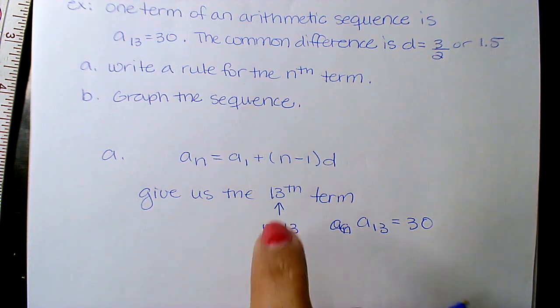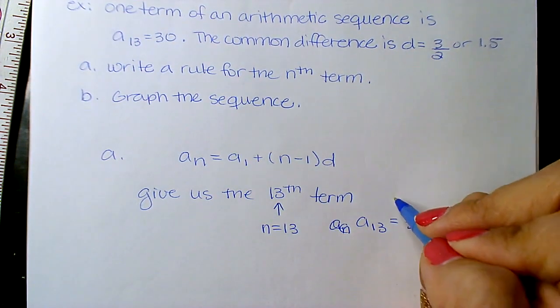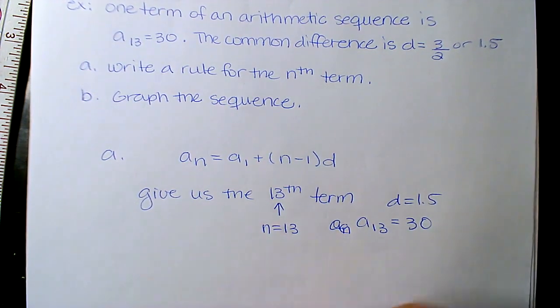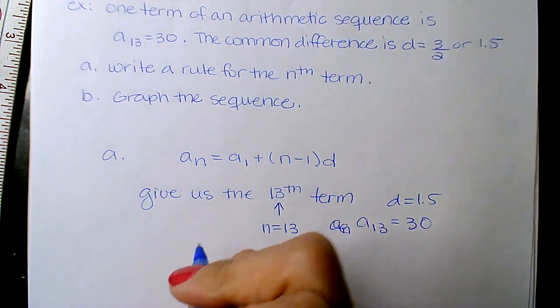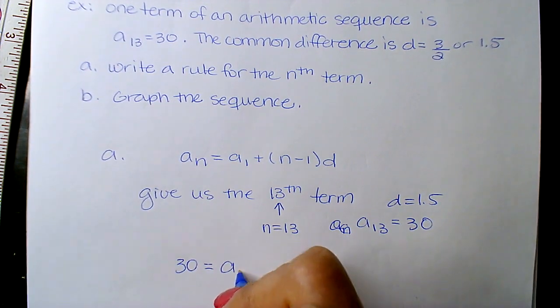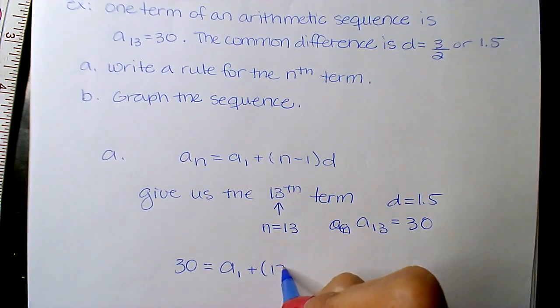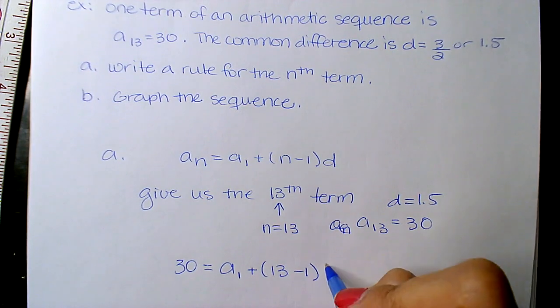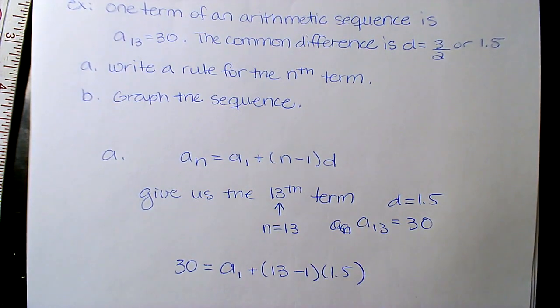Okay, so if I substitute, because obviously they give us d is 1.5: a_n is 30, a_1 is what I'm looking for, 13 is n, and my common difference is 1.5, and now you're going to use the distributive property. Can I keep going? Okay.